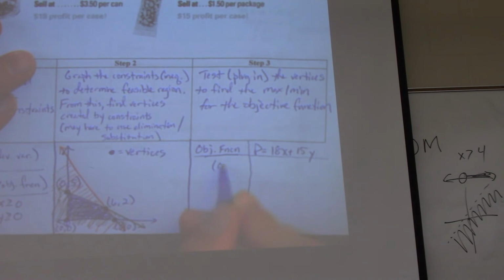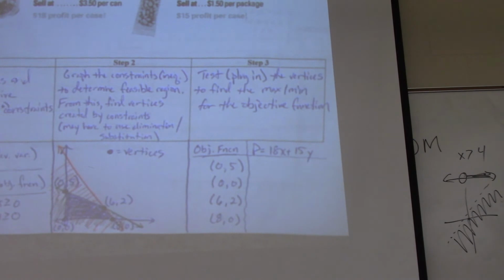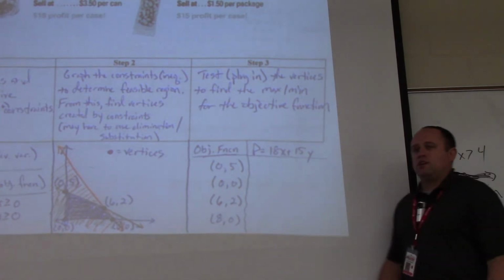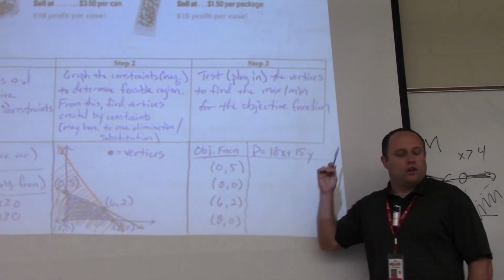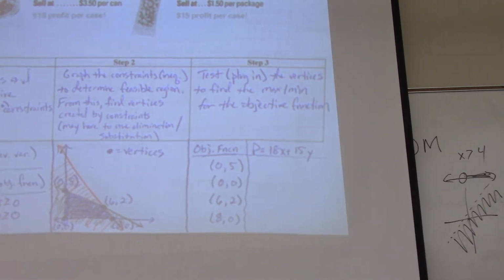We're going to plug in 0, 5. We're going to plug in 0, 0. It doesn't matter the order in which you write these, by the way. 6, 2, and 8, 0. And again, when I say plug in, I mean plug in x into x and y into y. Okay? So I'm going to go through and show you that work real quick.